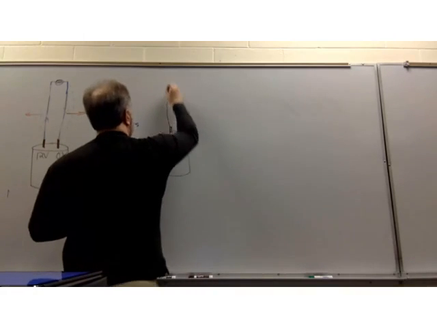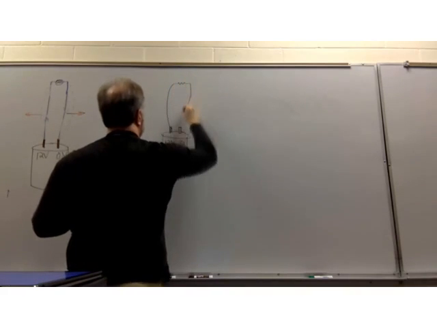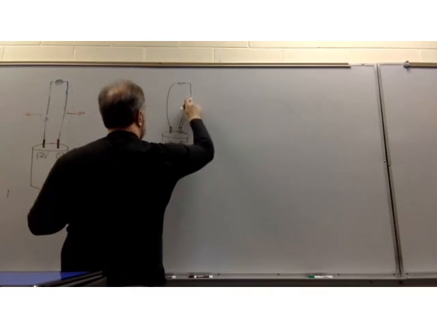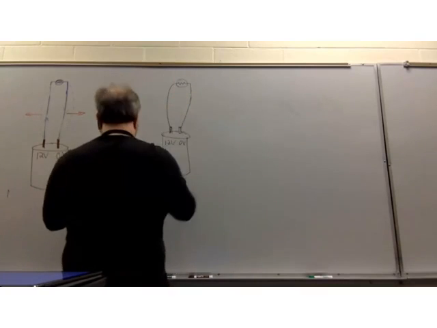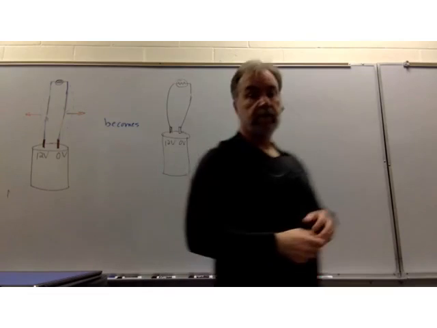Wire bows out slightly. Our light bulb is there. The two wires, in short, repel each other.